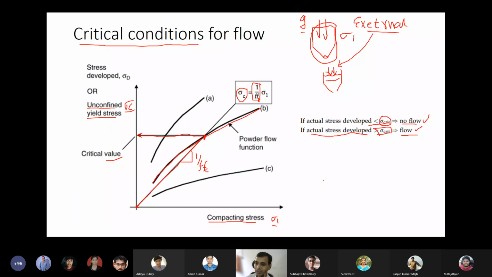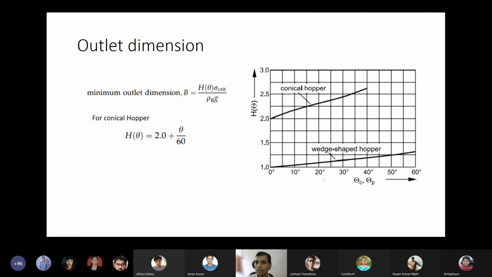That way, we'll find out the critical unconfined yield stress for given silo conditions. Now, once we know these critical conditions, in the last class I explained that there has to be a certain minimum outlet diameter for minimizing or eliminating arch formation. There is a huge derivation. I really don't want to get into those details, but please take this formula. Minimum outlet diameter. This is the conical hopper, and this is the diameter of the outlet.